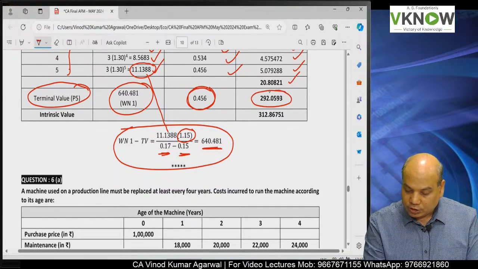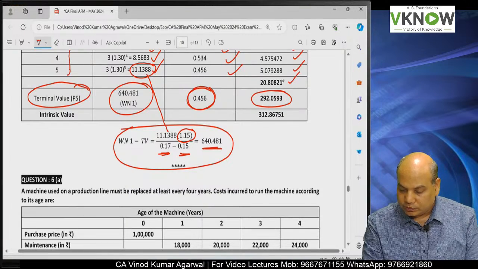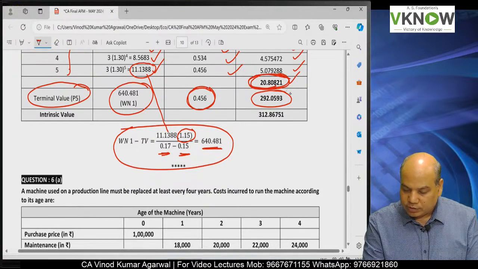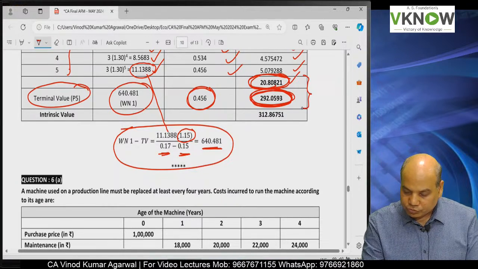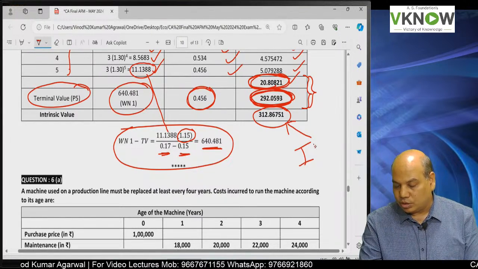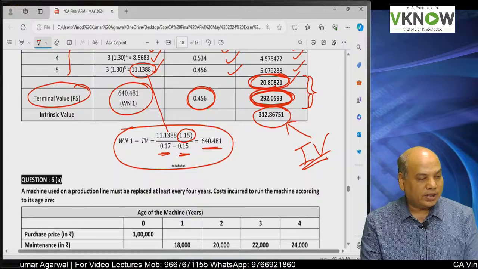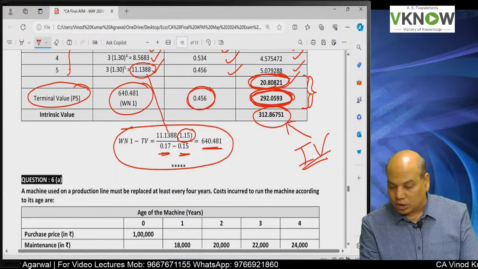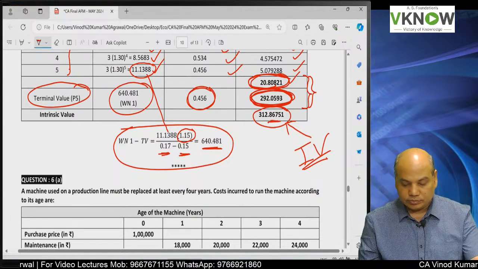You get 292.0593. 20.80 is the PV of dividend. 292 is the PV of terminal value. The total of these two together is called intrinsic value of the share, 312.86. You can round off in 2 digits, no problem.